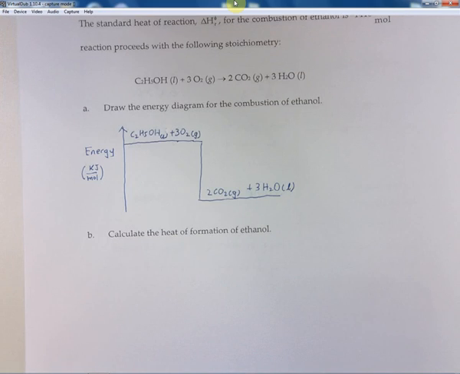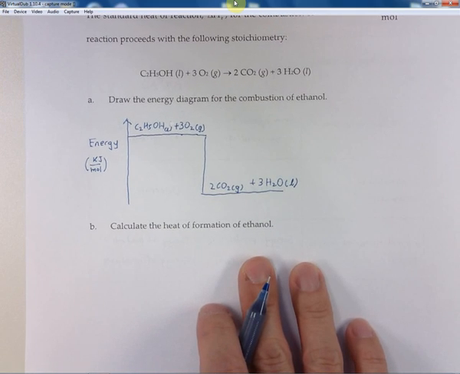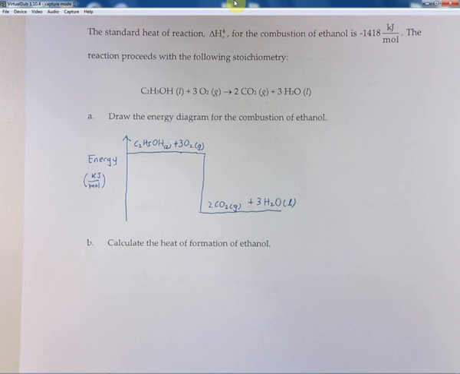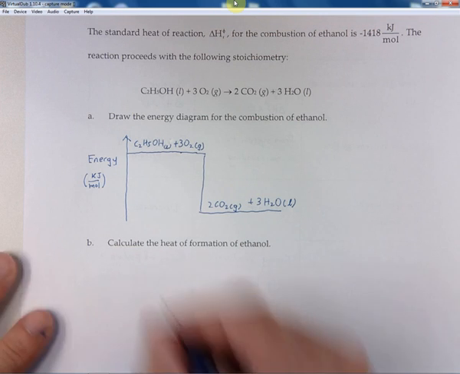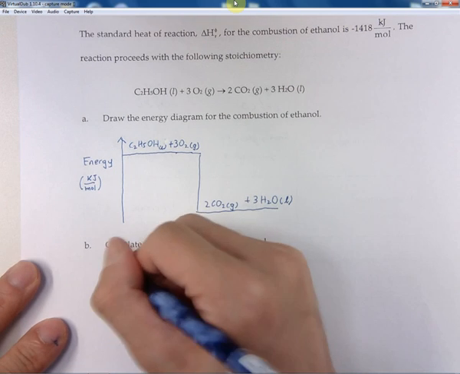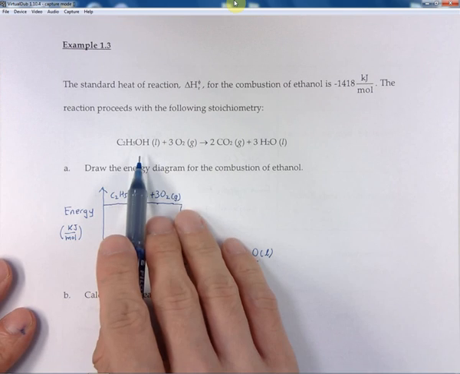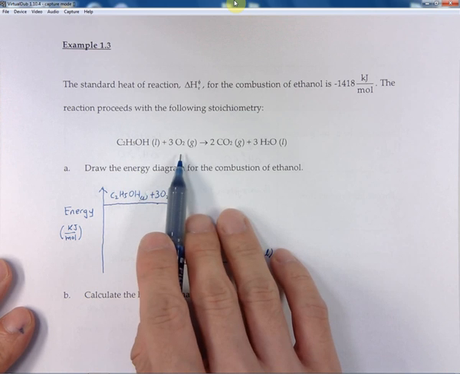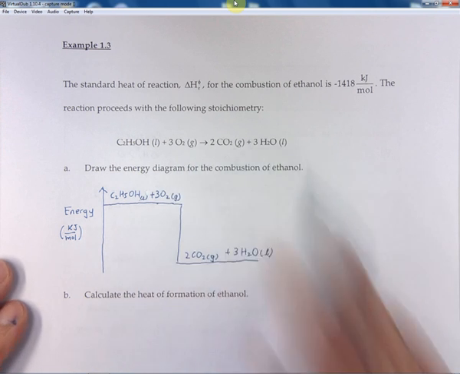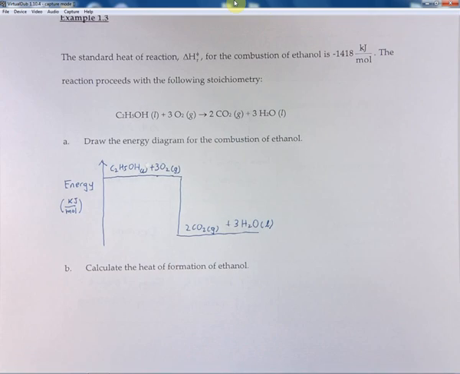With this, let us calculate the heat of formation of ethanol. Let us look at the stoichiometric reaction. The ethanol reacts with 3 molecules of oxygen to give 2 molecules of CO2 and 3 molecules of H2O.